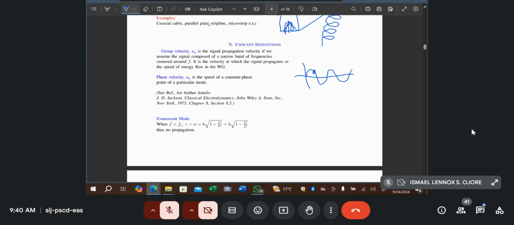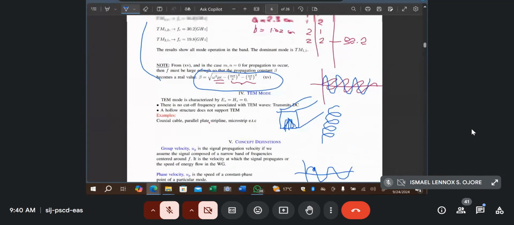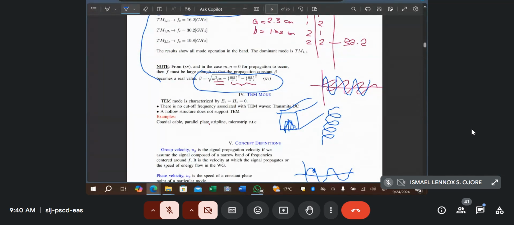Okay, I think that a mode actually becomes evanescent when it propagates below the cutoff frequency, so that it becomes non-propagating. Okay. So it's evanescent when it propagates below the cutoff frequency, and now the mode becomes non-propagating.